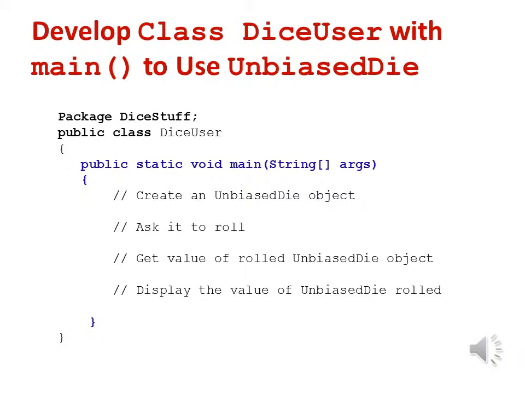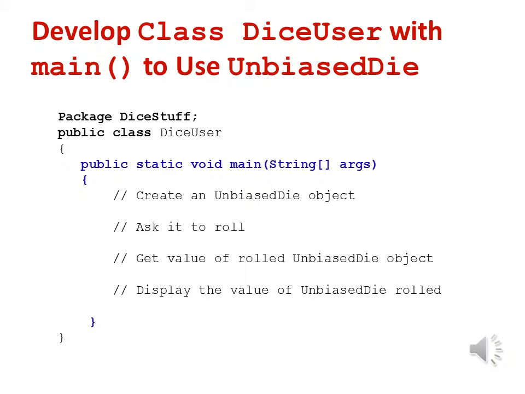Remember that in the class UnbiasedDie, we had to create an object of UnbiasedDie using the new operator before we could invoke a method like roll or getValue. Since main is declared as static, we do not have to create an object from DieUser to invoke it. The keyword void means that the main method does not return anything.